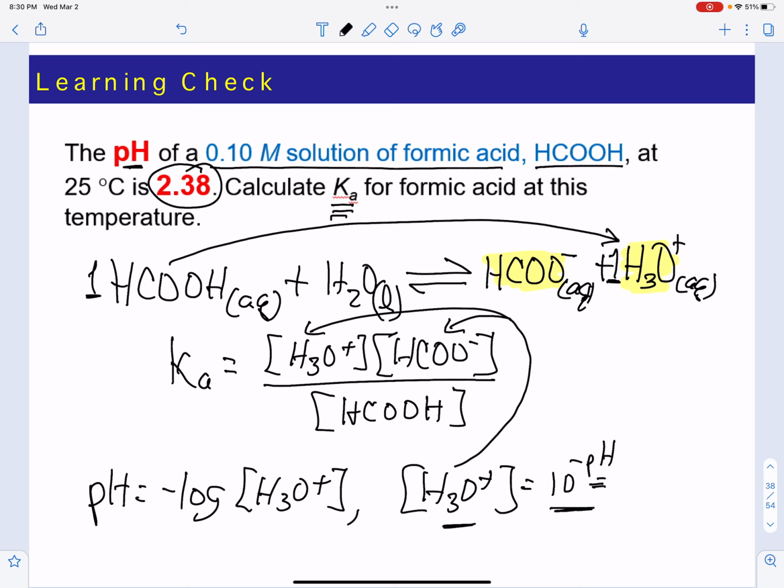Therefore, the concentration at equilibrium is going to be the initial HCOOH concentration minus the concentration of hydronium, because that's how much of the formic acid got consumed. And we know the value of this, so we can calculate it. Let's see how we do that step by step.